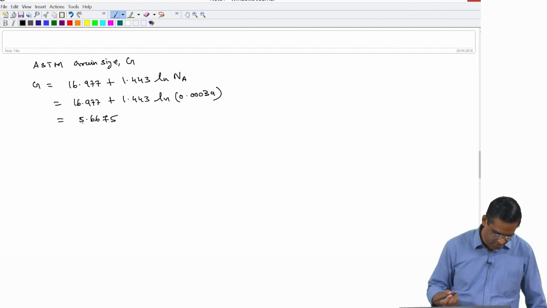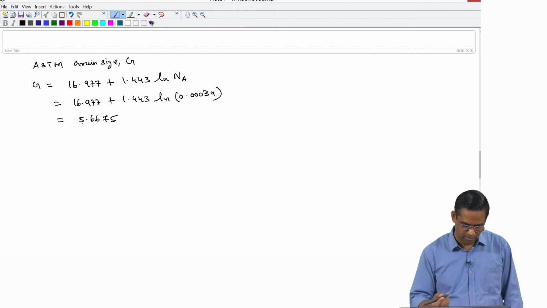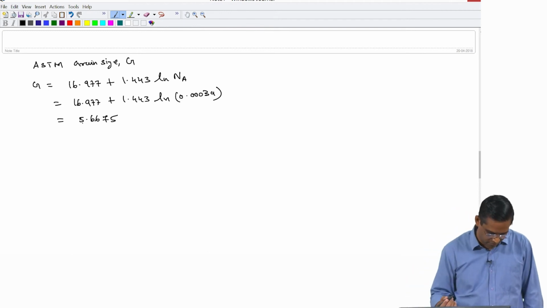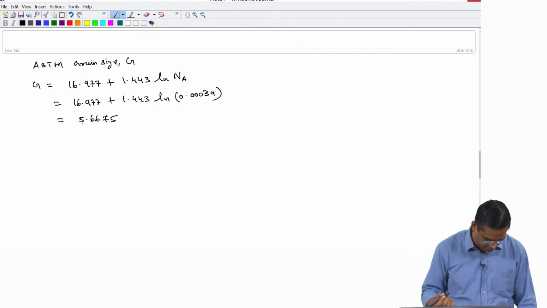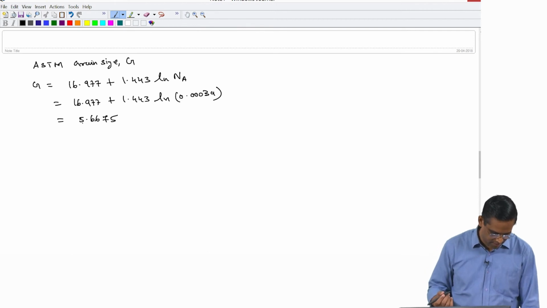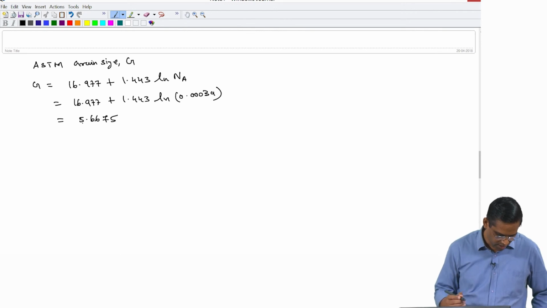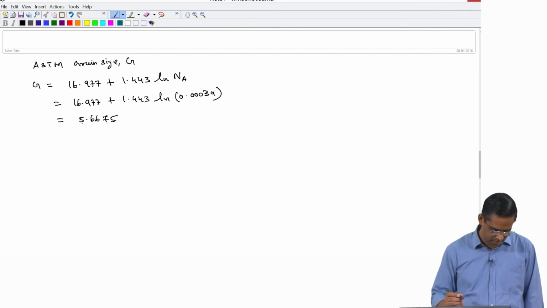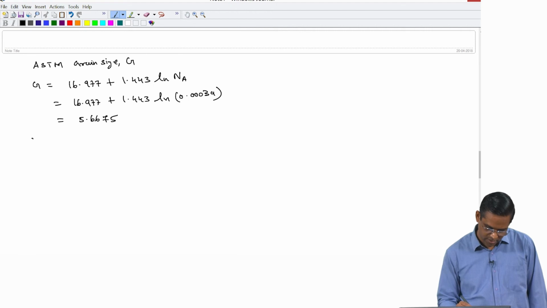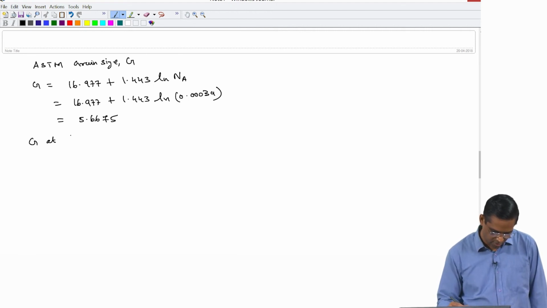So, again we can do this 95% interval because you have enough data to speculate, and what I have done is you can just look at this G at 95% confidence level. Confidence interval.